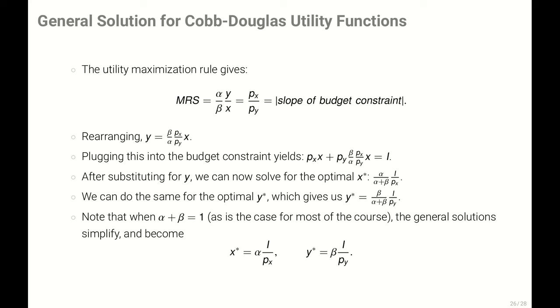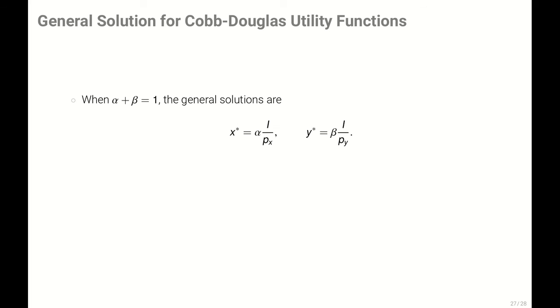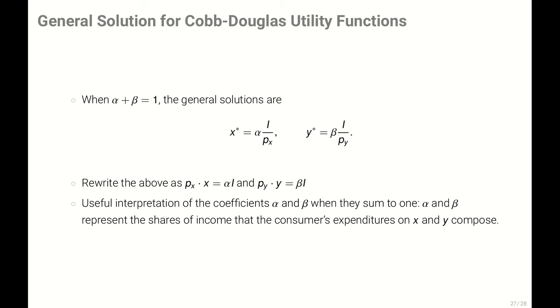And then note that when we have alpha plus beta equals 1, the general solutions simplify and become as follows. However, the simplest way to remember them is just to rewrite the above as expenditures. That is, the amount that I spend on x is just the amount I buy of x times its price, and the amount I spend on y is just the amount I buy of y times its price.